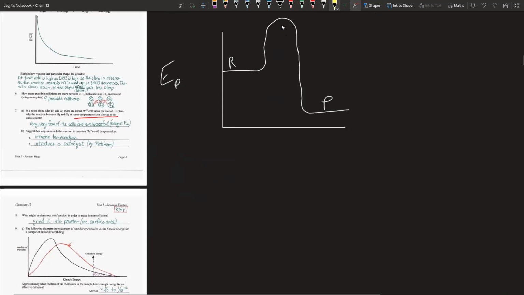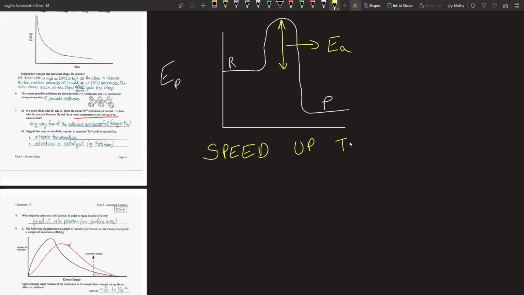And as I explained, this is called your activation energy barrier. How can you speed up the reaction?